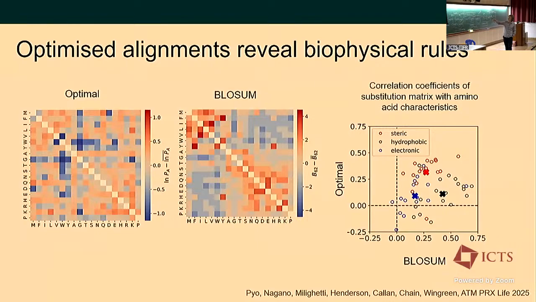And you can convince yourself of this by looking at the correlation of these matrices with matrices that you can get by looking at the compatibility of amino acids in terms of various biophysical characteristics. Basically, BLOSUM is really capturing a lot of hydrophobicity of the amino acids that you substitute. And I think in these evolutionary sequence alignments that makes a lot of sense, right? So if you have a residue that's on the surface, then maybe you want it to be hydrophilic.